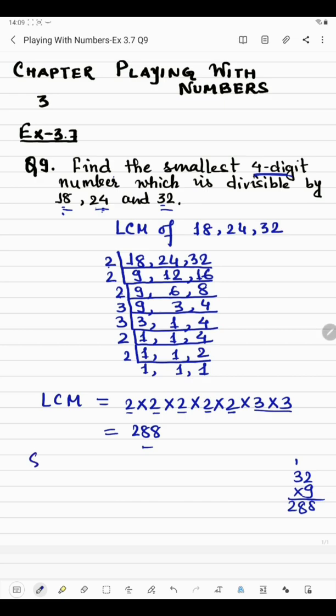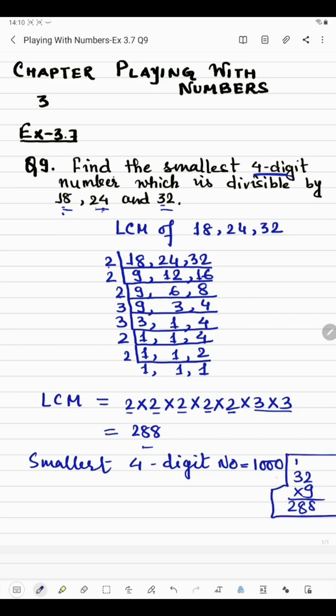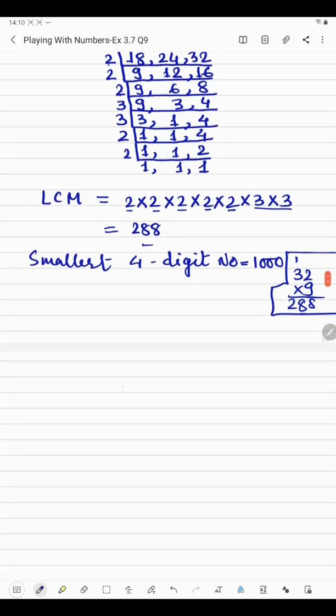Now the smallest 4-digit number is 1000. Now this 1000 is not divisible by 288. So, see here, if you divide 1000 by 288, then we'll get 288 3's are 864. 3 8's are 24, 2 carry, 3 8's are 24, 24 plus 2 is 26, 6 2 carry, 3 2's are 6, 6 plus 2 is 8.